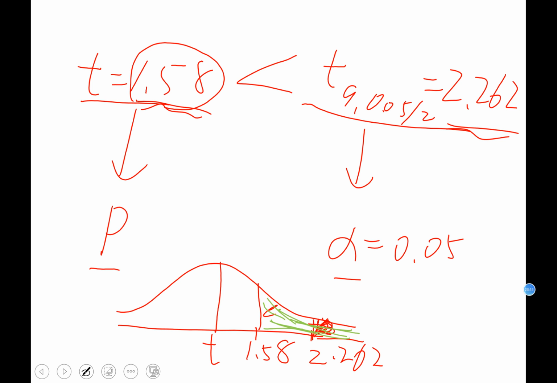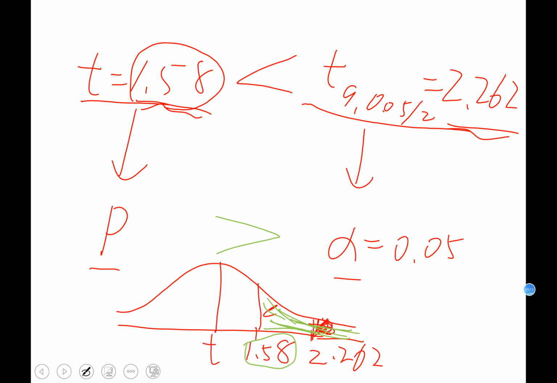So that means the corresponding probability of 1.58 must be bigger than alpha, right? So it's the same as the first way we used in table A2.